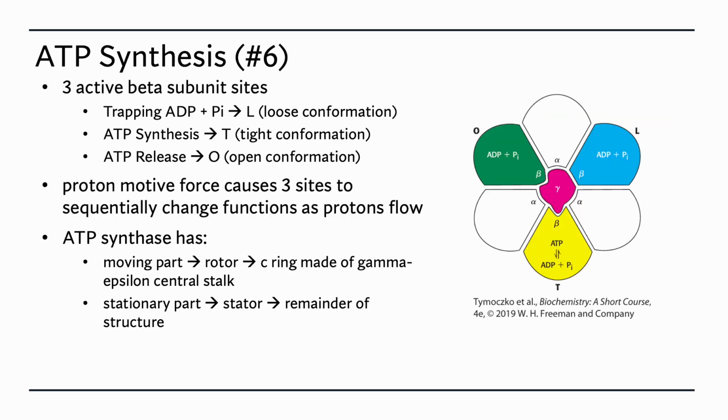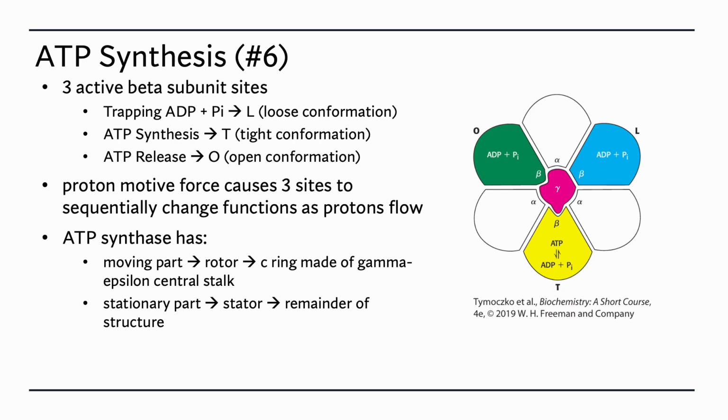The 3 active beta subunit sites have 3 functions. 1. Trapping ADP and free orthophosphate ions, which is accomplished by the L or loose conformation. 2. ATP synthesis, which is done by the T or tight conformation. And 3. ATP release, which is done by the O or open conformation.